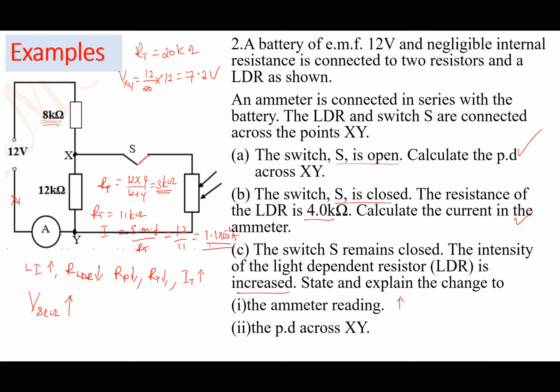So all the current is going through 8 kilo ohms before it divides into the 12 kilo ohms and the LDR. If that PD increases, it means the PD across XY must decrease because the total must not go beyond 12 volts. So because the PD across 8 kilo ohms has increased, the PD across XY must decrease.